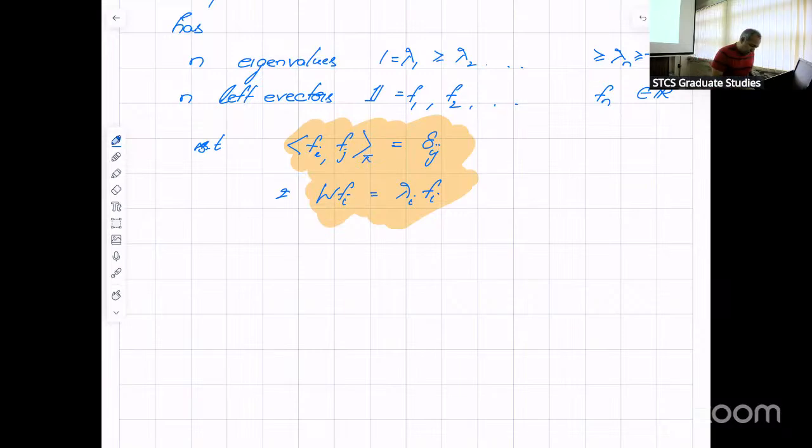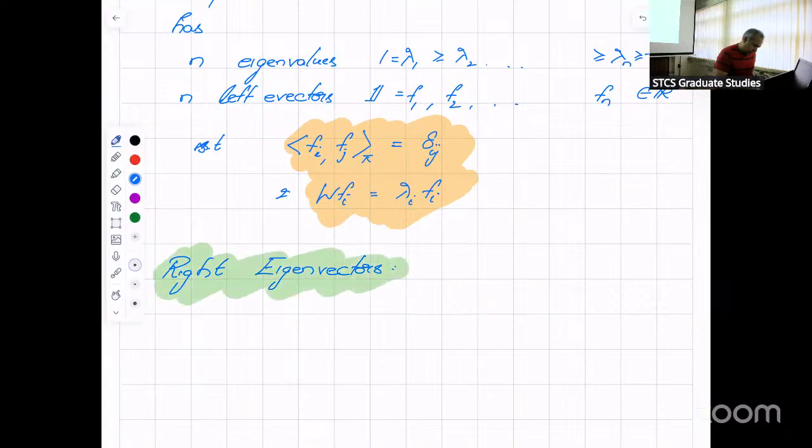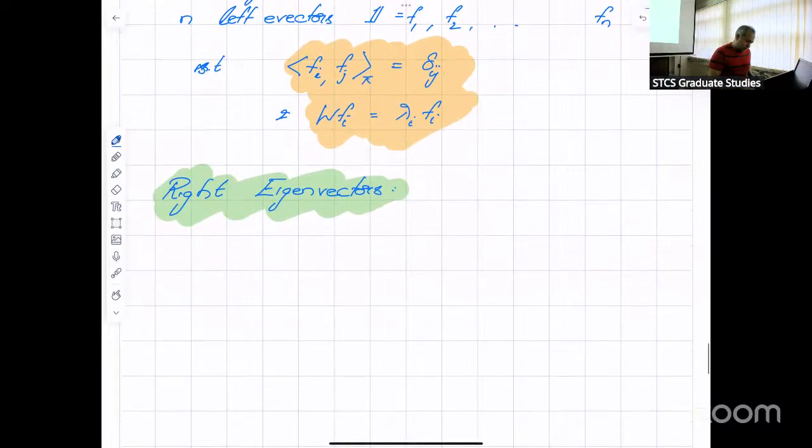Now, what about right eigenvectors? We are asking for vectors of the form W transpose p equals some lambda p.